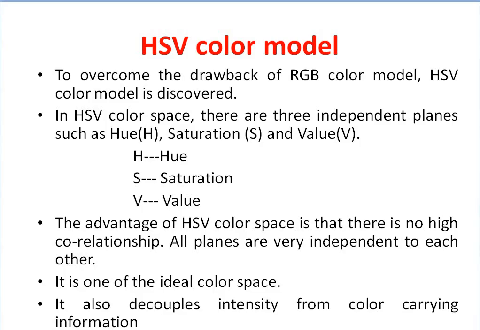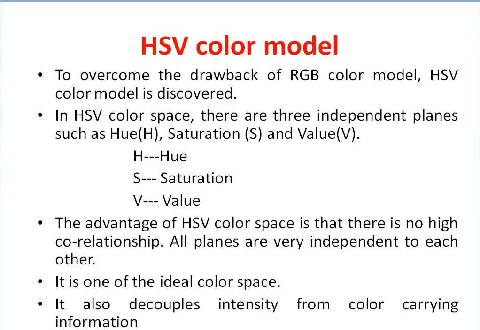All the planes, hue, saturation and value, are independent of each other. Therefore a user can separate hue from saturation, saturation from value, and value from hue. Therefore the HSV color space is widely used as compared to the RGB color model.